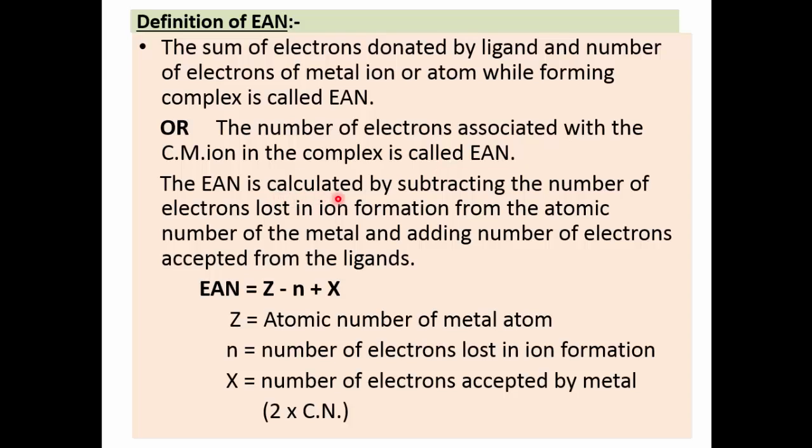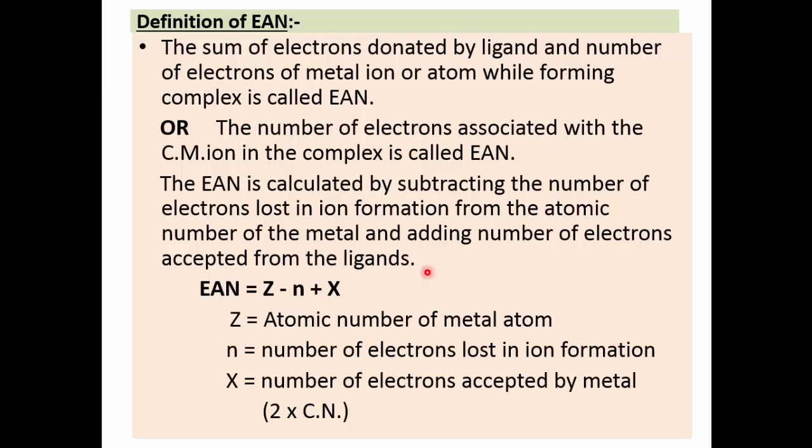Now how is it calculated? EAN is calculated by subtracting the number of electrons lost in ion formation from the atomic number of the metal and adding the number of electrons accepted from the ligands. In complex formation, what happened? Ligand donates electrons to the metal ion.